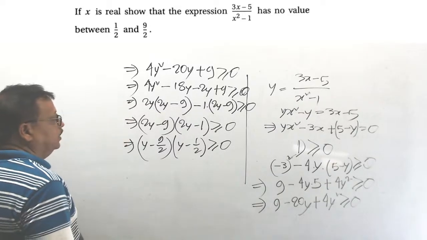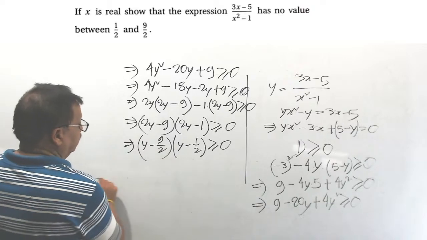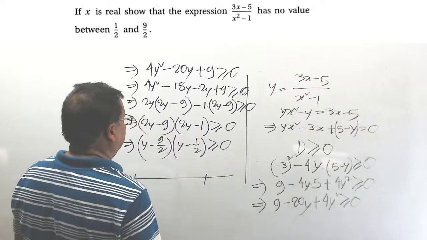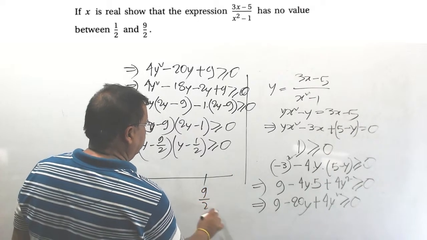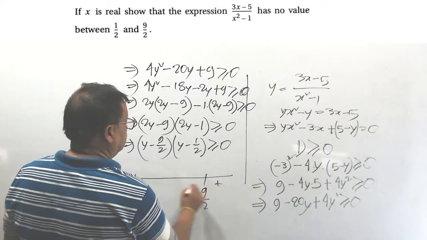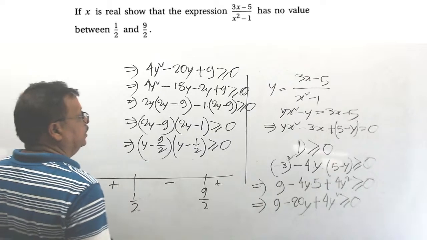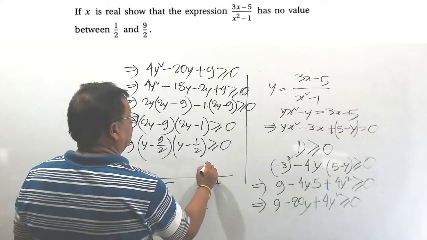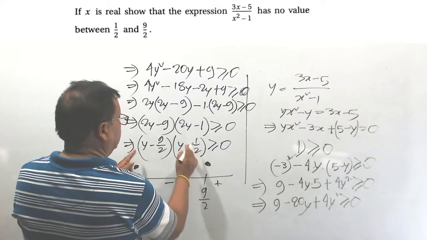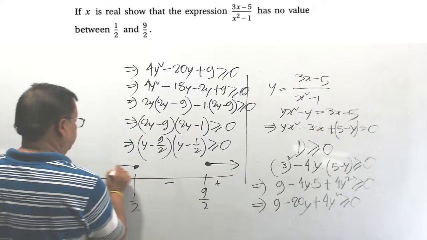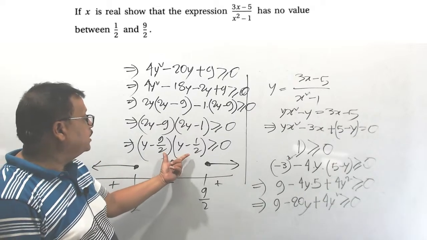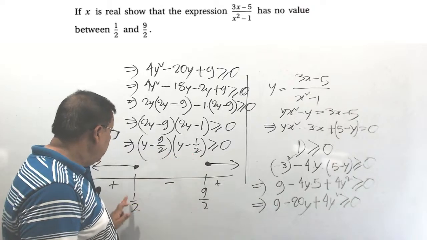By the wavy curve method, 9 by 2 will be here and half will be here. Understood? Plus, minus, plus. Solid for equal, and it is greater, so this is positive. So see clearly, the values of this expression are not lying in between half and 9 by 2.